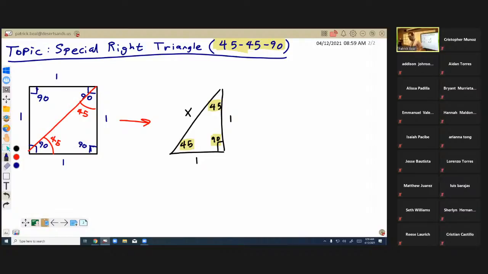You guys figure that out? The hypotenuse is going to be x squared, and the legs are both 1. So 1 squared plus 1 squared equals x squared.